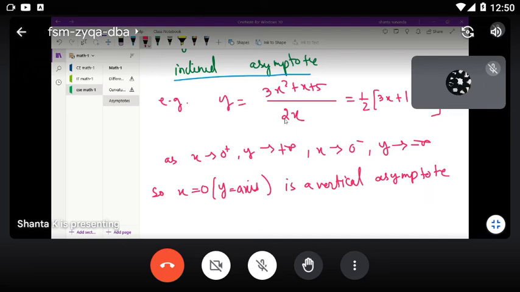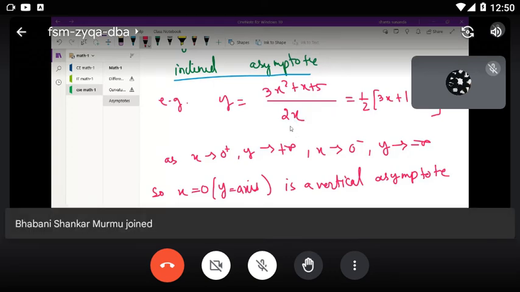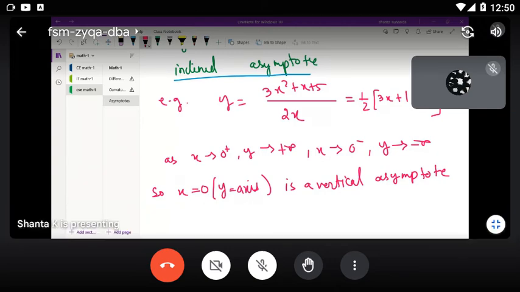Okay, so by looking at this one, first you look at the denominator term and equate it to 0. We are getting x equals to 0. So x equals to 0, that means y axis is a vertical asymptote.